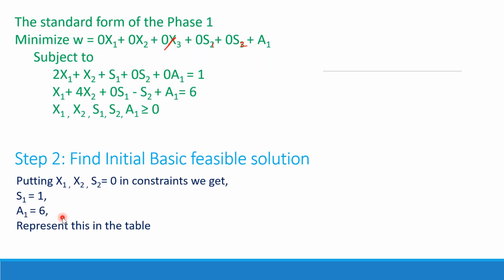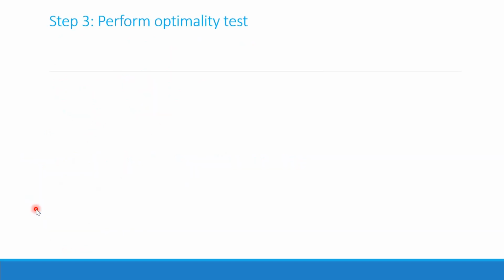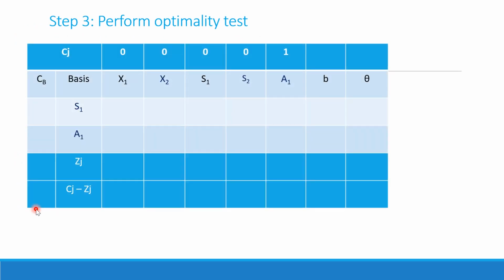Okay, so the next step is converting these constraints and putting these values into a simplex table. So the simplex table will be like this: x1, x2, s1, s2 and a1.